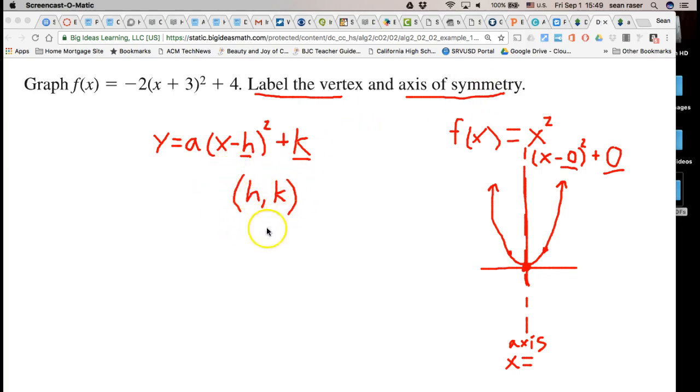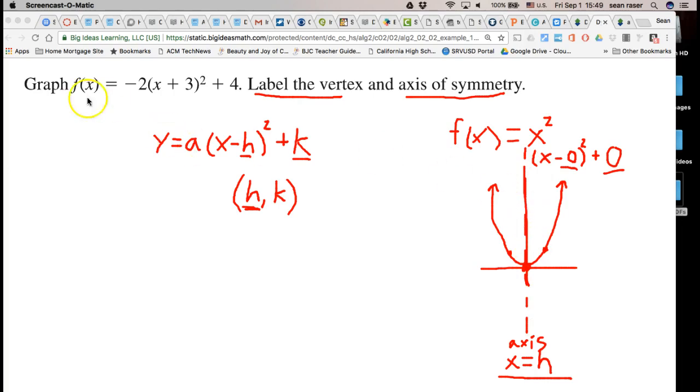We can get our point from vertex form, and our axis of symmetry is simply going to be the vertical line that crosses through our vertex. Because the x-coordinate of our vertex is just h, our equation for the axis of symmetry is always going to be x equals h. So whatever this h value is in vertex form, x equals h is the equation for your axis of symmetry.